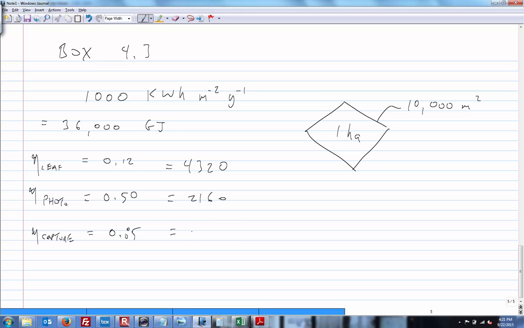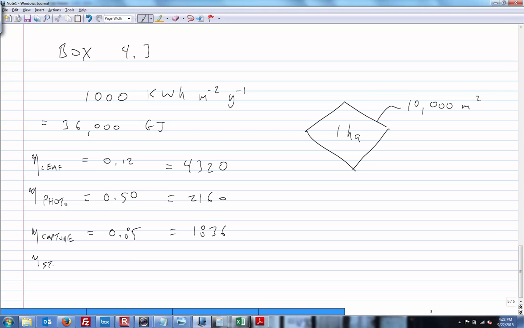So we're looking at 1836 gigajoules. And then 21% goes into storage.